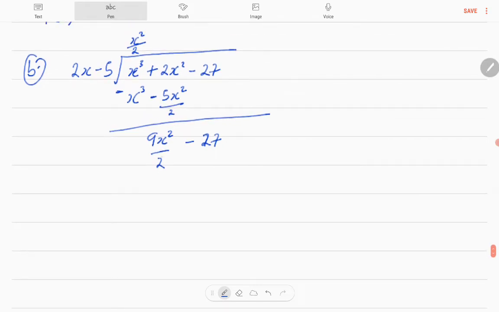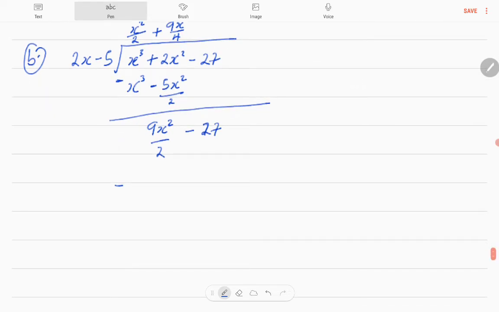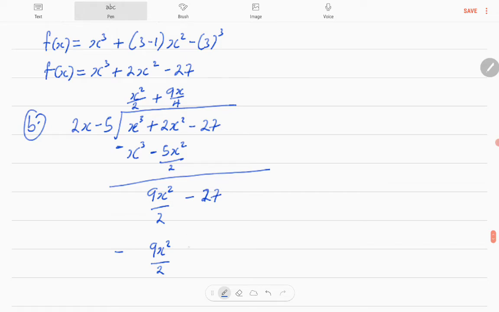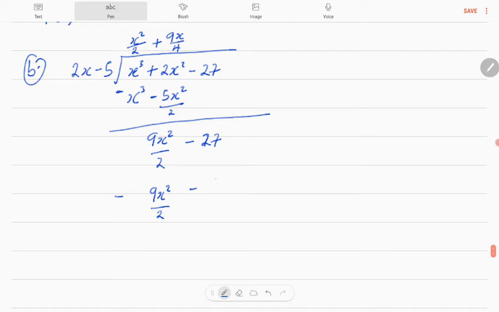So dividing again, 9x²/2 divided by 2x, you have plus 9x/4. You multiply 9x/4 by 2x − 5. 9x/4 multiplied by 2x gives 9x²/2, and 9x/4 multiplied by −5 gives −45x/4.